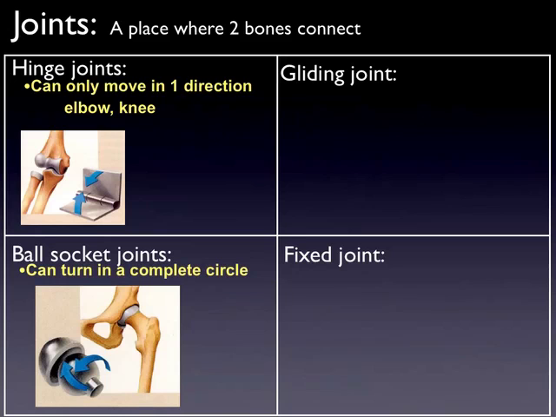If I take off the femur of this skeleton, what you see is the top of the femur has this sort of ball area. It fits into this socket area of the pelvis. And again, that gives a wide range of motion.